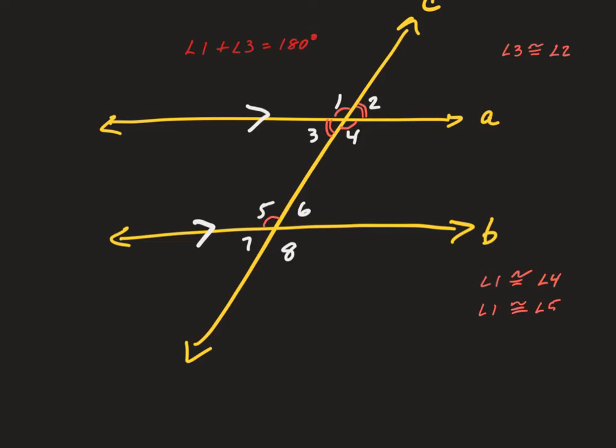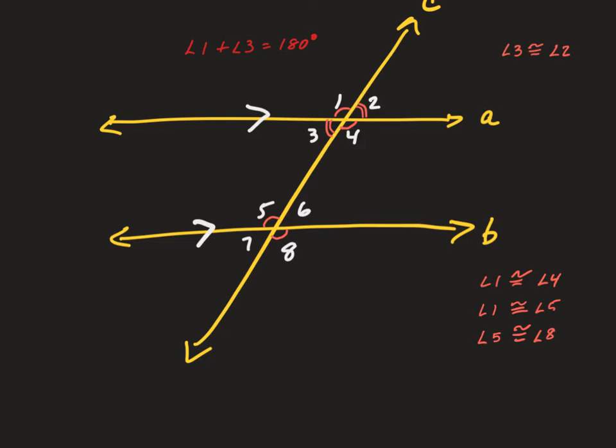If angle 1 is congruent to angle 5, what do we know about angle 5 and angle 8? These are vertical angles, so they are also congruent. Angle 5 is congruent to angle 8, which is congruent to angle 1 and angle 4. That means angle 1, angle 4, angle 5, and angle 8 are all the same measurement.